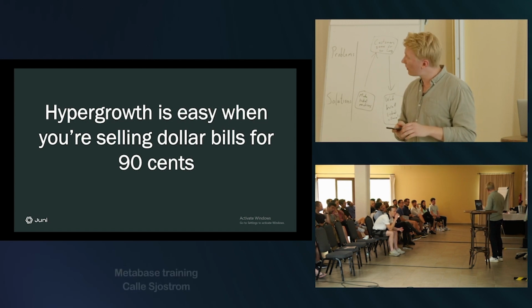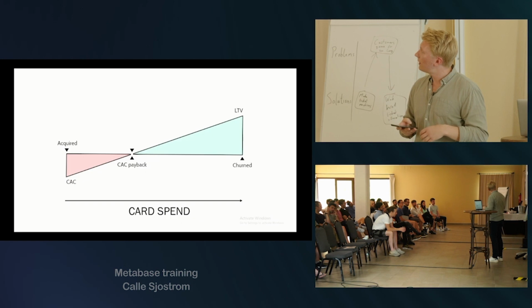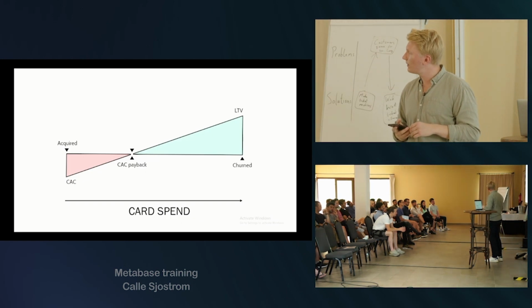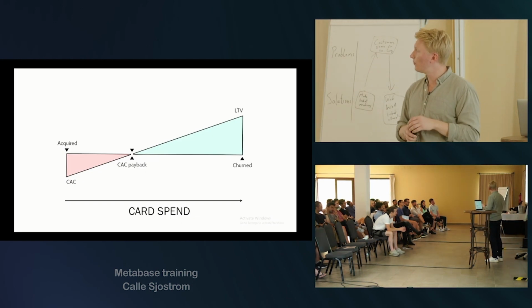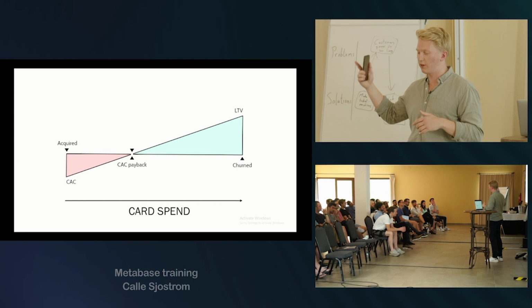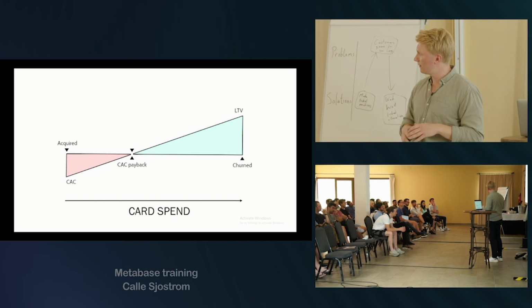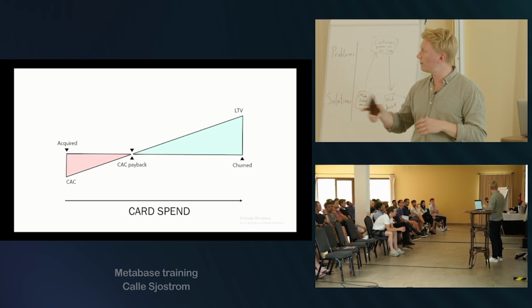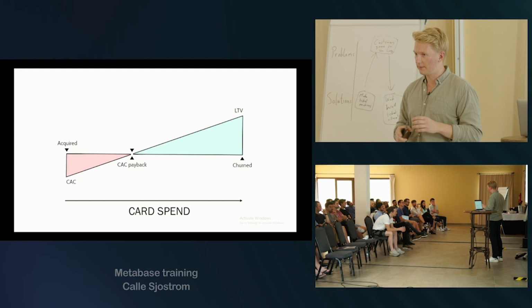So what does this look like at Juni? Well, at Juni, we don't sell lemonade, so we have a slightly different business model. When you sell lemonade, you hopefully make a profit on the very first glass that you sell. But at Juni, we acquire customers, and then we recoup the spend on that customer over time.